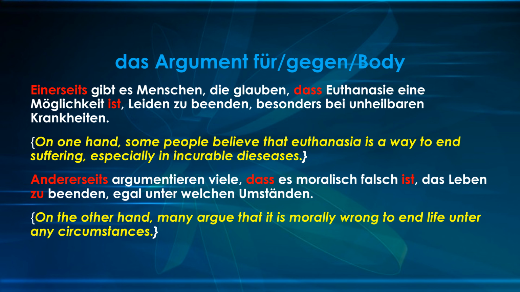Then you can continue with another side, andererseits argumentieren viele, dass es moralisch falsch ist, das Leben zu beenden, egal unter welchen Umständen. On the other hand, many argue that it is morally wrong to end life under any circumstances.